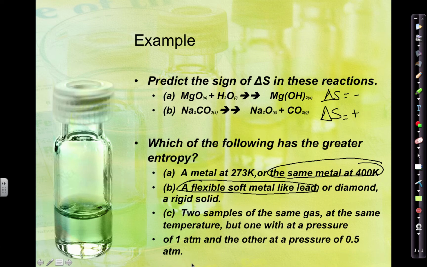So we're comparing pressure here. And if we're comparing pressure, we're comparing volume. If you have a pressure of 1 atmosphere, that means your volume has decreased. The molecules are closer together than at 0.5. And at 0.5, they're going to be more spread out. So that one will have more disorder because the molecules are more spread out.